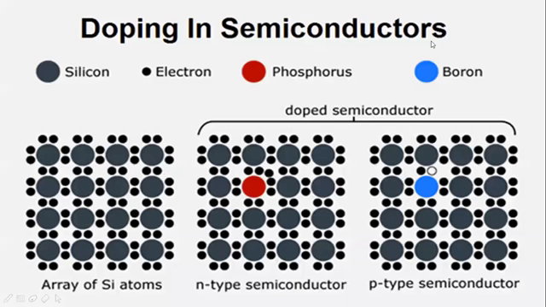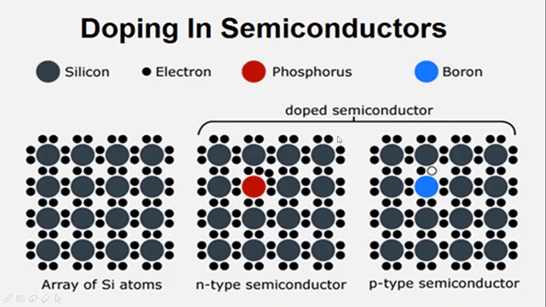Children, because of fewer charge carriers at room temperature, the intrinsic semiconductors have low conductivity and they have no practical use. So an impurity is introduced in the intrinsic semiconductor, and this process is called doping.